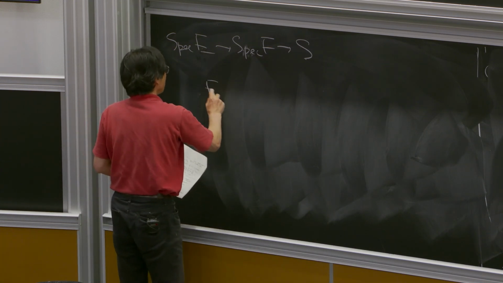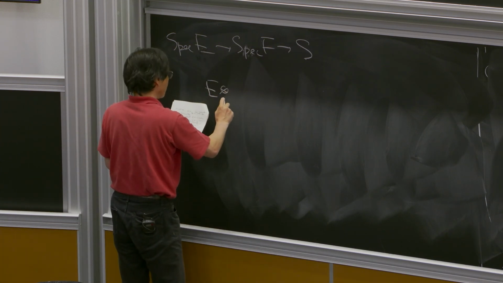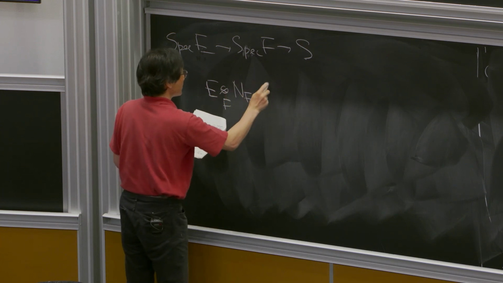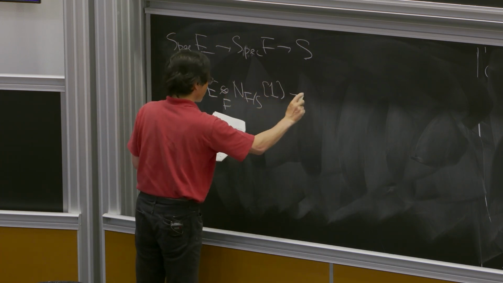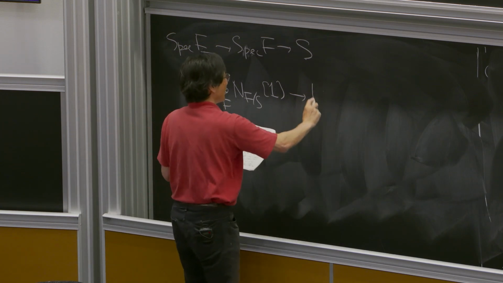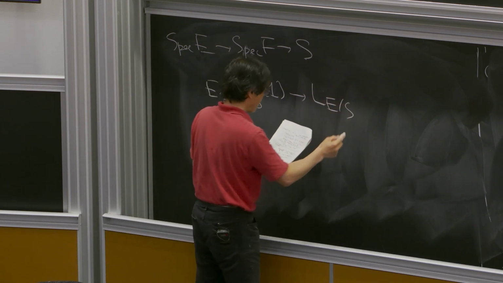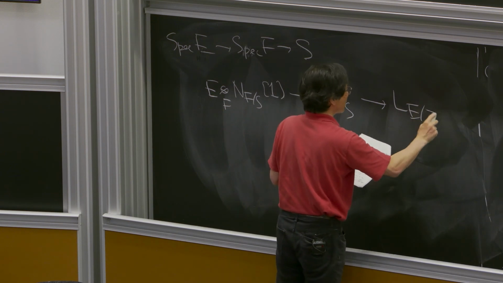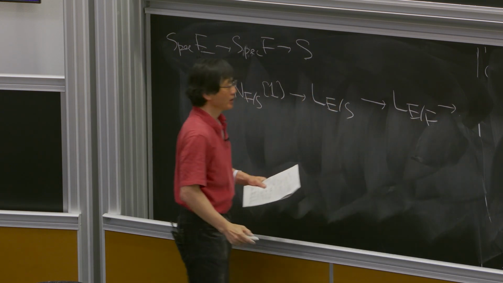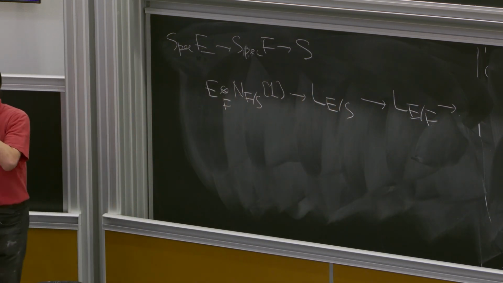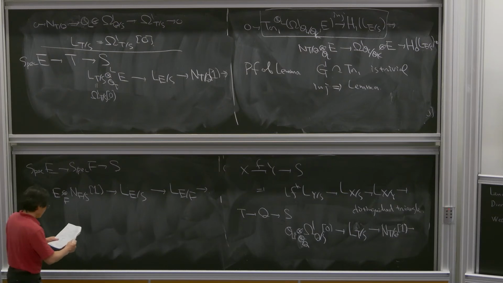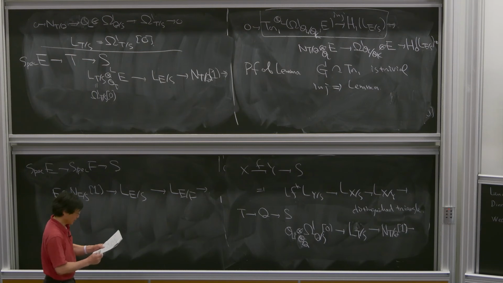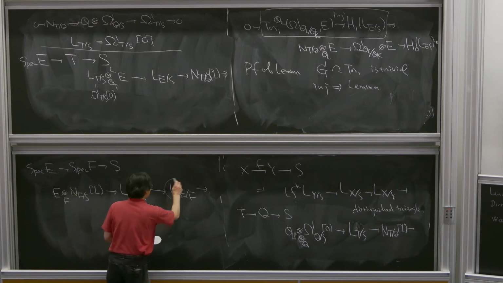Then this starts from E tensor of F over S shifted by 1, goes to what we want to know, and something a little bit easier. So we get a distinguished triangle like this. Okay, now we need to know what this is.